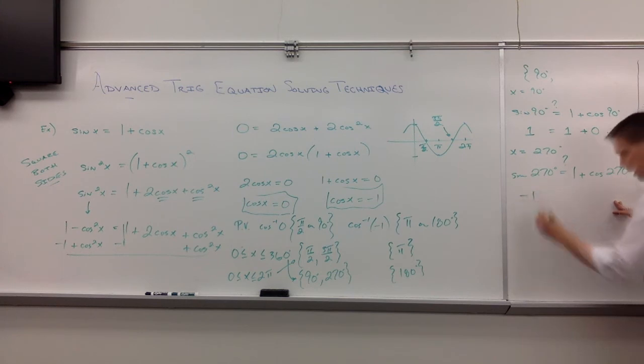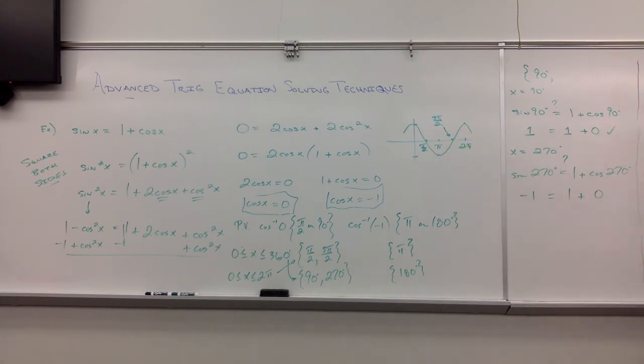Well, you are -1. Cosine of 270, you are 0. So -1 equals 1 plus 0. I don't think so. 270 is extraneous. Don't count it in your solution set. It's not a solution. It's a bad answer.